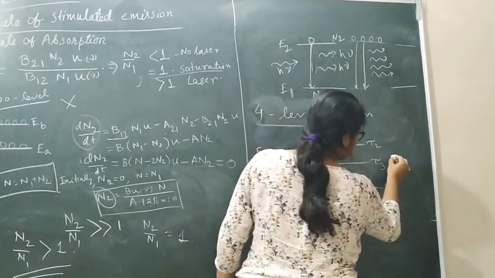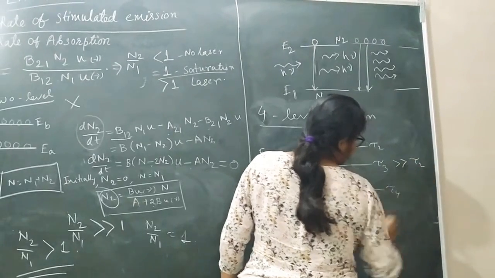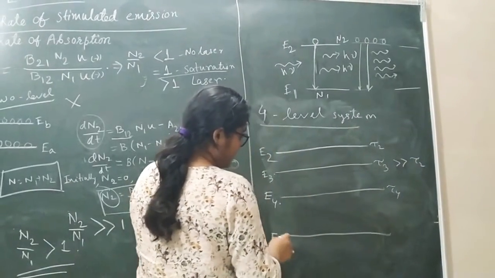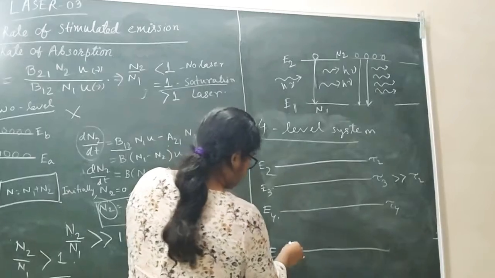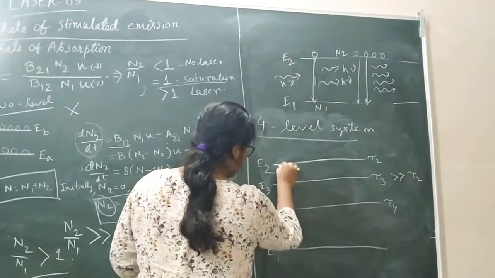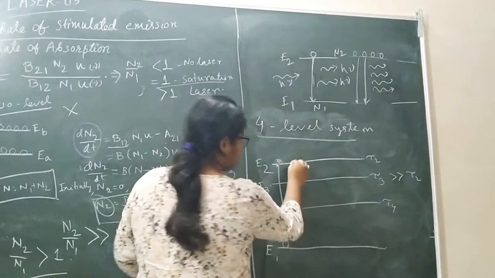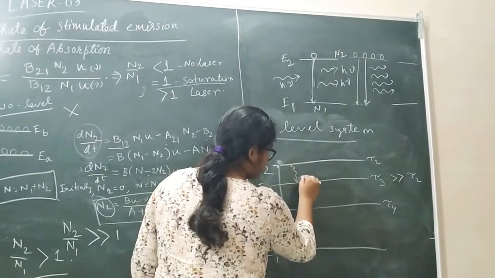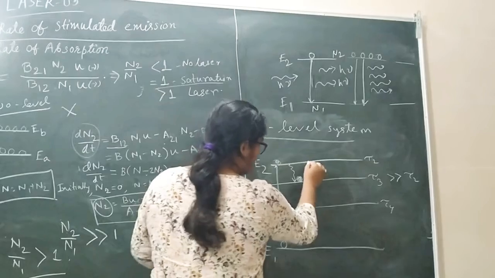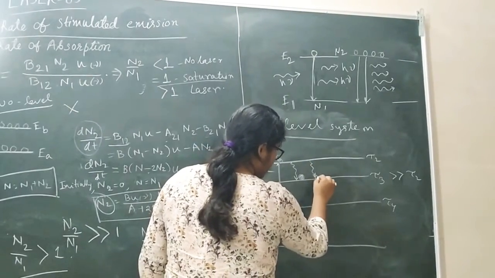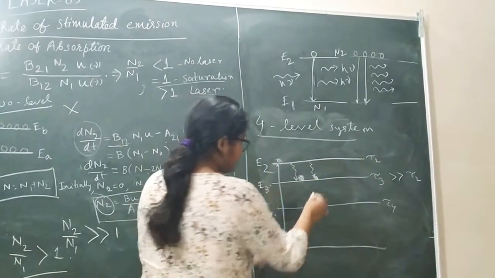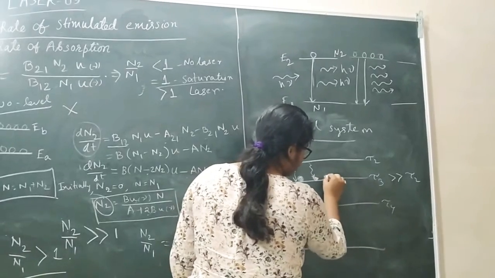So if tau 3 is greater than tau 2, what will happen is that you excite the atom and it goes to this level, and after a certain time it comes back by non-radiative decay to the level E3. Similarly this happens with all the other atoms, so they come back to level E3.